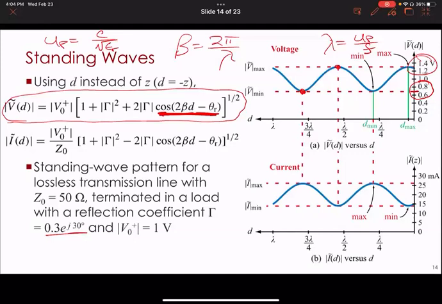So now we can kind of work an example. The outer conductor has an epsilon r of 9.